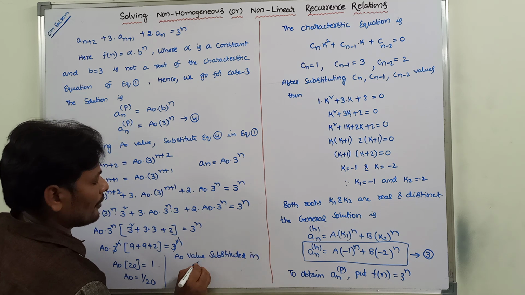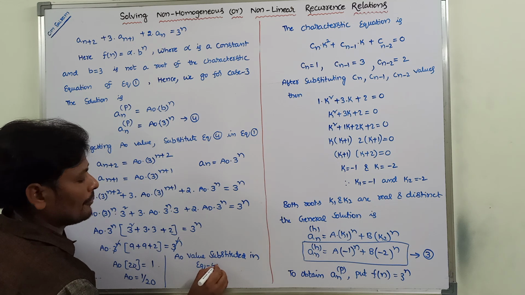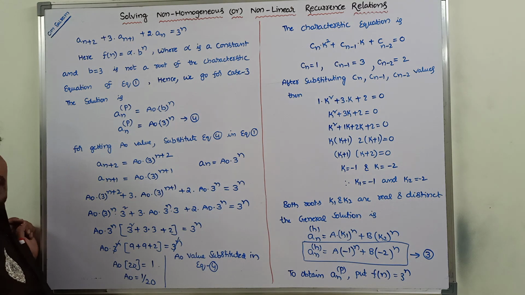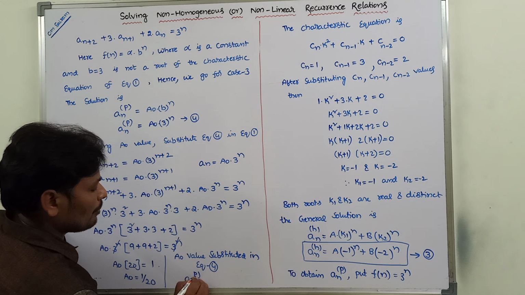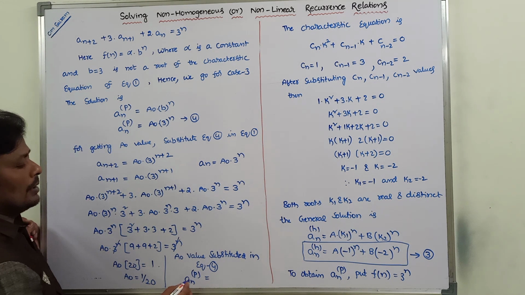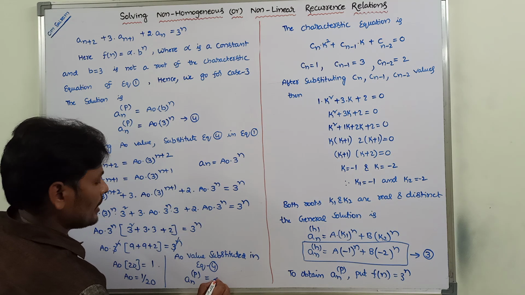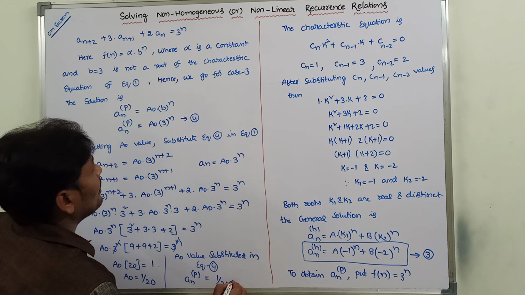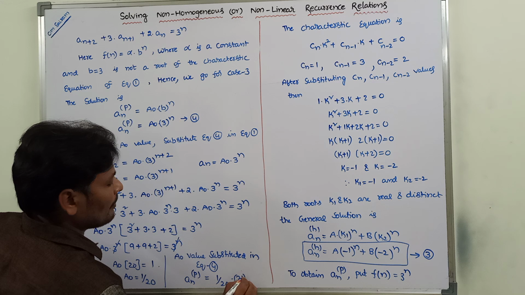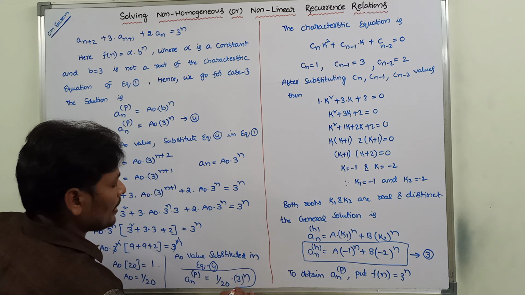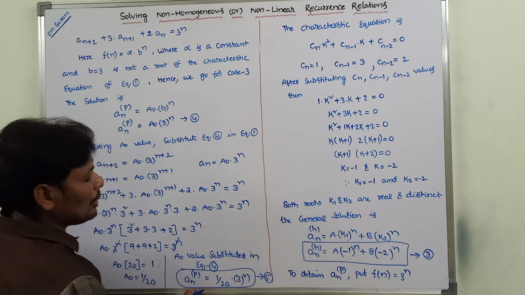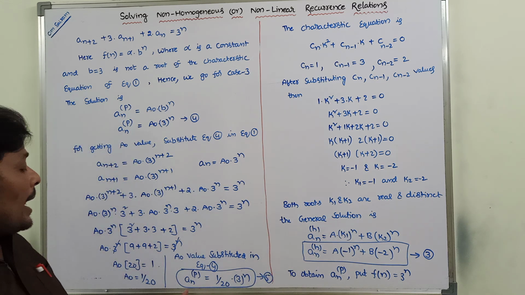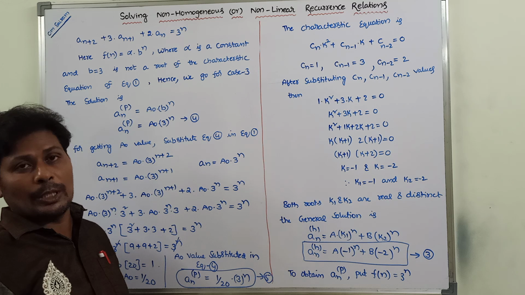After substituting the a naught value in equation 4, we get a suffix n power p equal to 1 by 20 into 3 power n. This is equation 5. This is the solution of a suffix n power p, that is the particular solution.